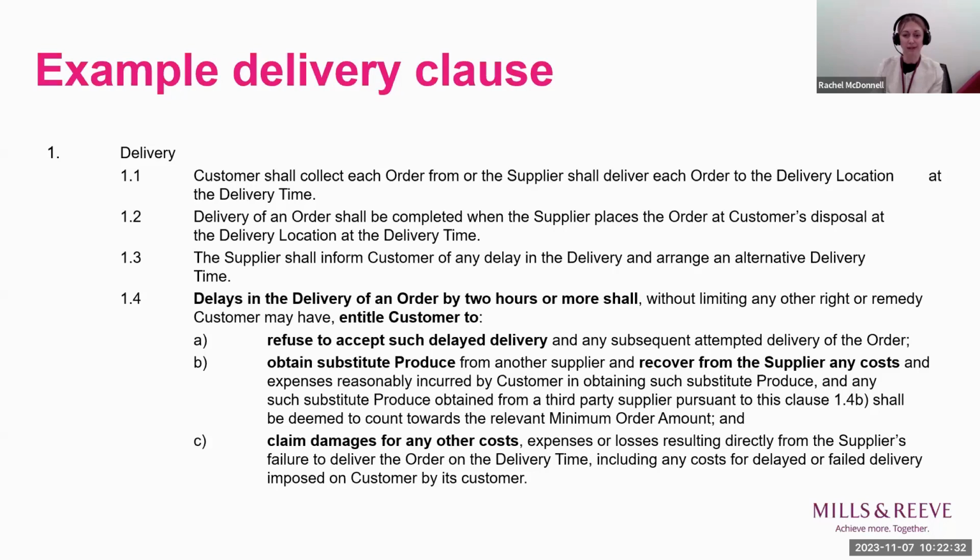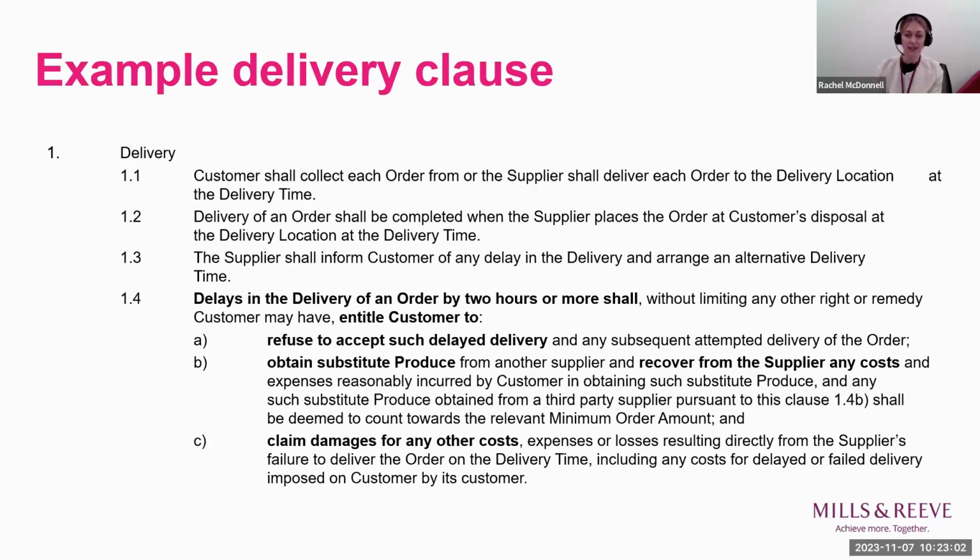For example, if company C is in breach, does company B have the right to substitute new suppliers? You can see an example delivery clause on the slide right now, and we'll walk through that in a minute. Often there's some form of penalty-based system, which means that smaller breaches, smaller failures to deliver or delays can count cumulatively to enable a more significant or clearer relief or financial penalties.